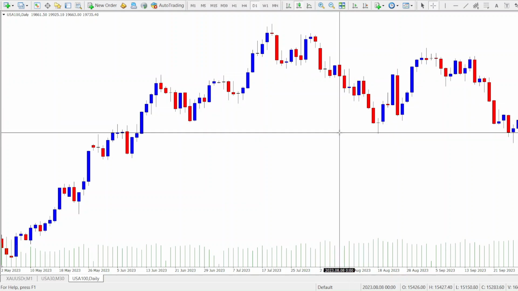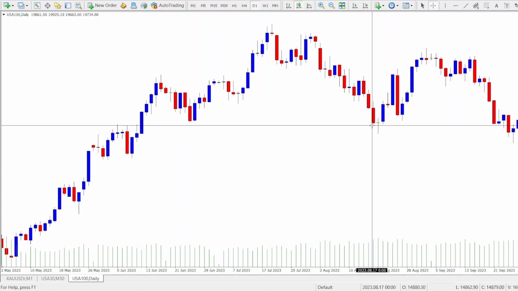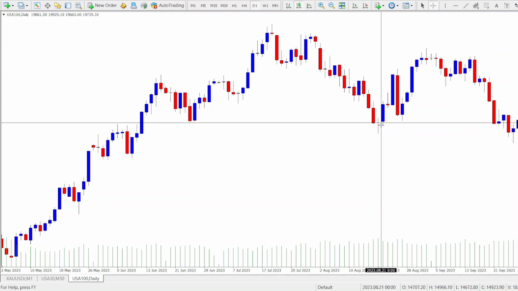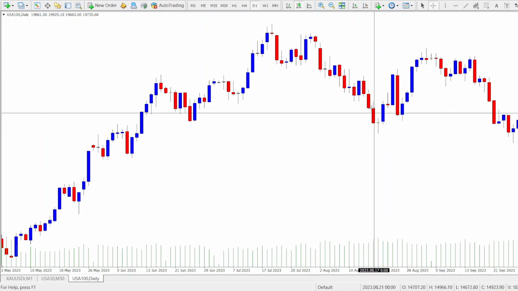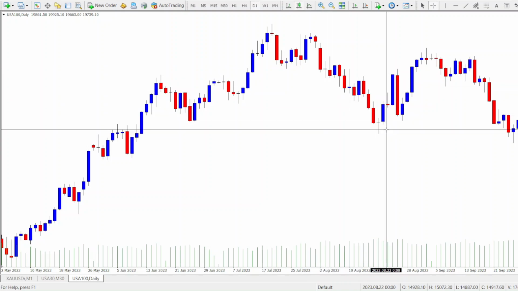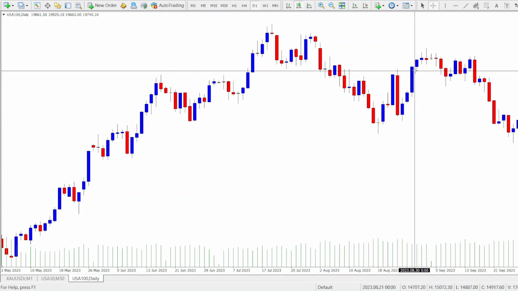So depending on where the body of the candle is, you will know if it is a bullish reversal or a bearish reversal. However, the Dragonfly Doji is specifically bullish because the body is at the upper part of the candle, and it always occurs after a sell move and indicates that a bullish move is about to happen.